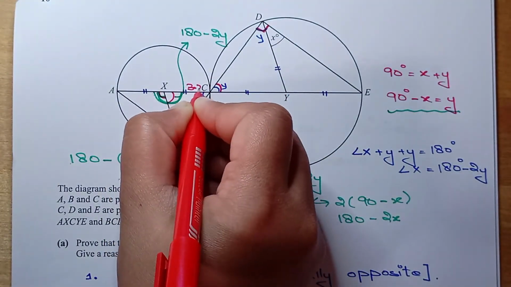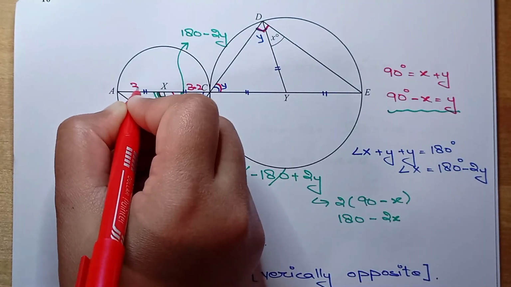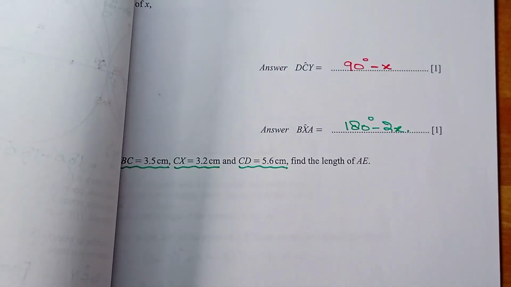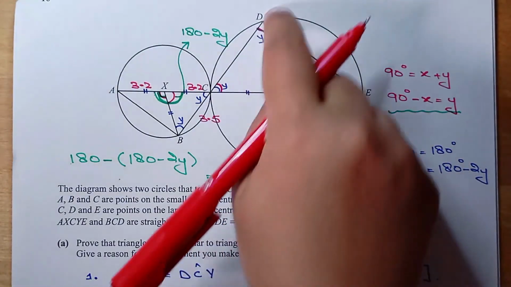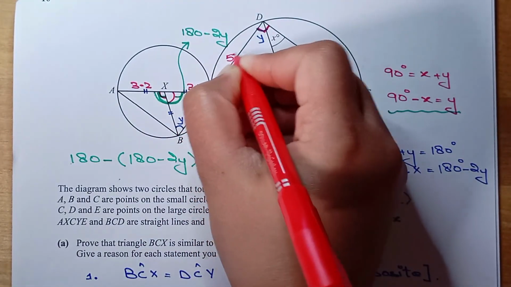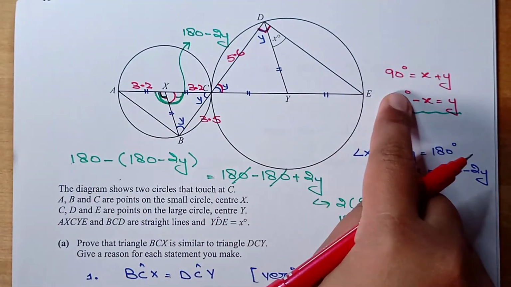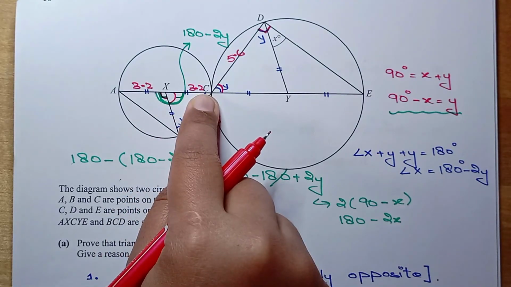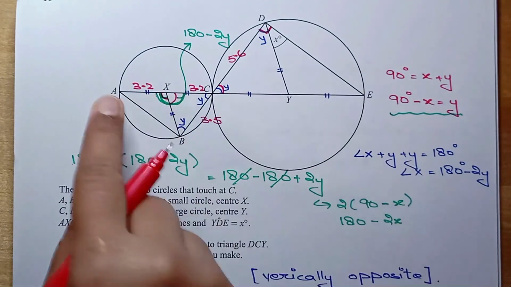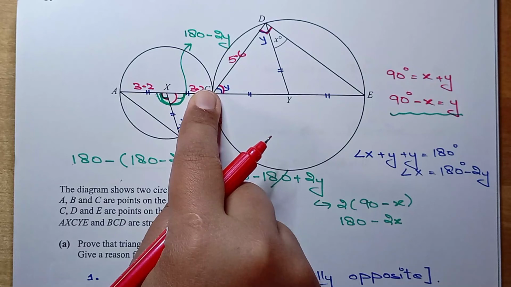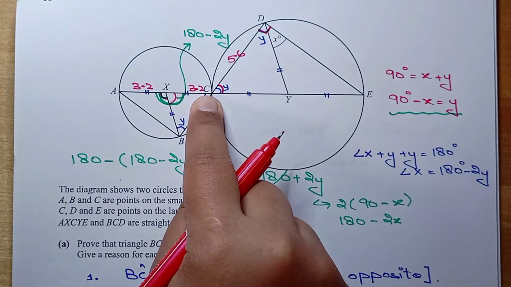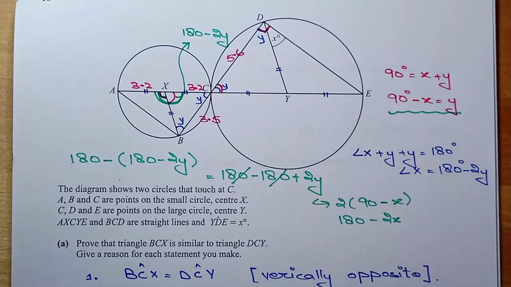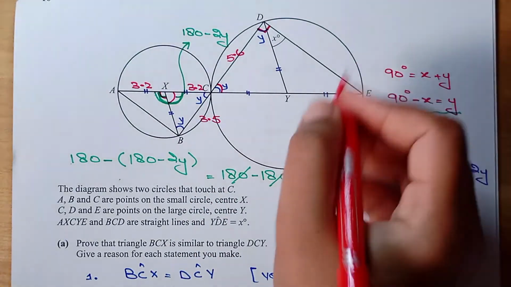If CX is 3.2, it means AX is also 3.2 because both are radii. CD is 5.6, and we need to find AE. AE is basically the sum of AX, XC, CY and YE. We know AX and XC. Now we need to find CY, and YE is the same because these are radii. So basically we need to find CY.